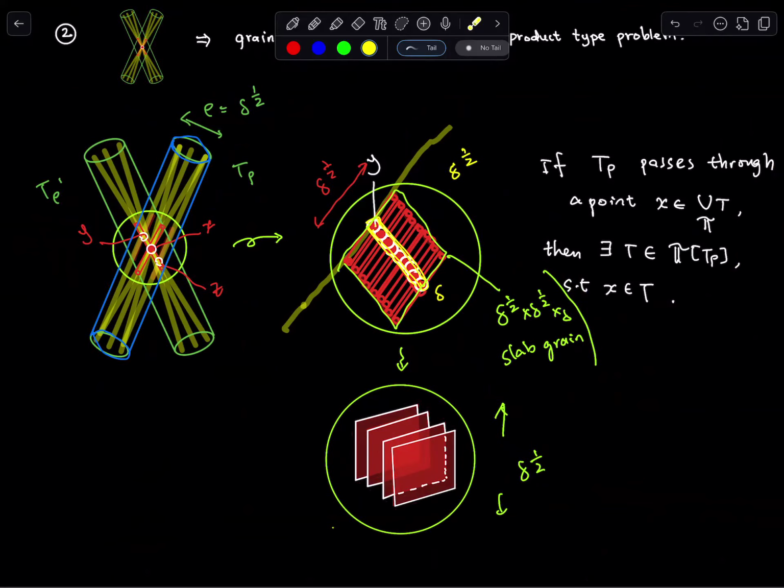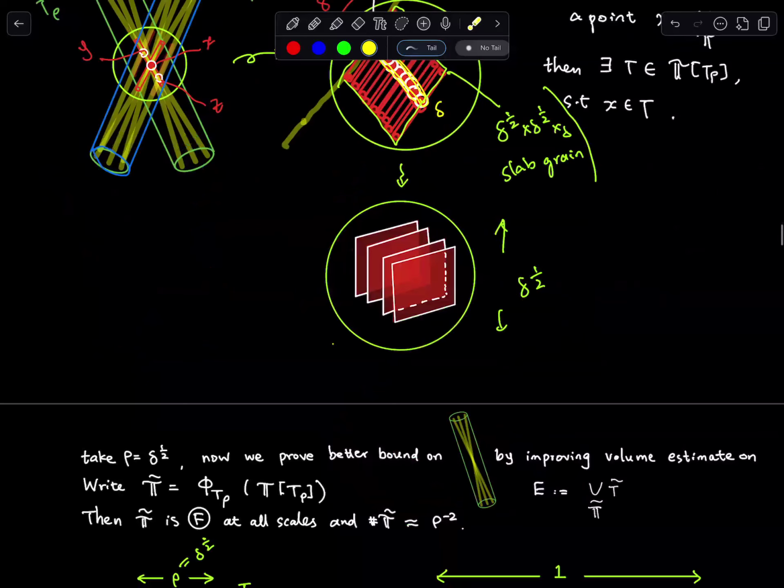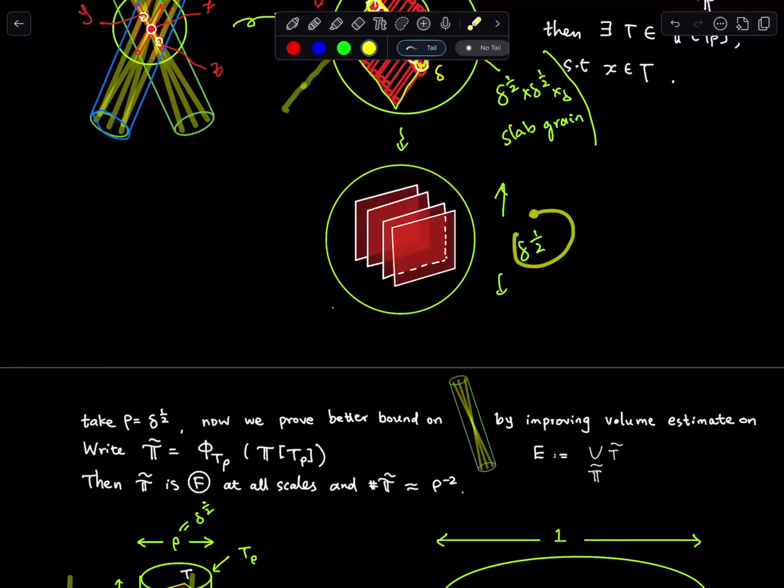In particular, the Kakeya set, which is a union of delta tubes, with the set of delta tubes satisfying certain non-concentration properties, Wolff axioms, at all scales. And the union of those delta tubes intersect each delta to the 1/2 ball is going to be a union of parallel delta to the 1/2 times delta to the 1/2 times delta slabs.